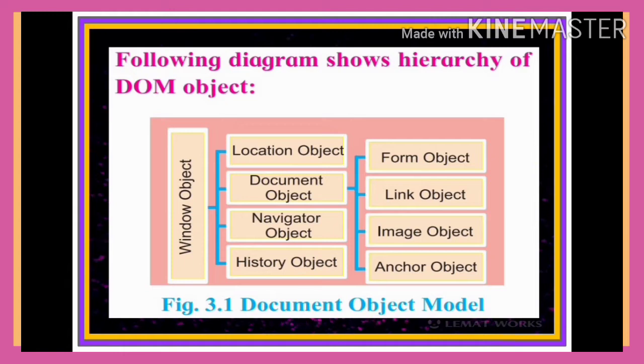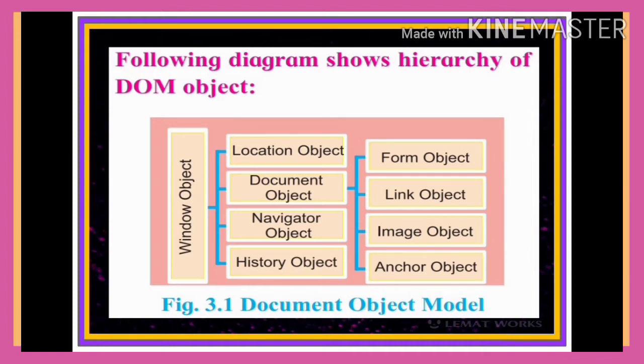The figure shows the hierarchy of document object model. In the first level, window object. In the second level, location object, document object, navigator object, history object, and in the third level, form objects, link object, image object and anchor object. Here window is the parent object of all the other objects.